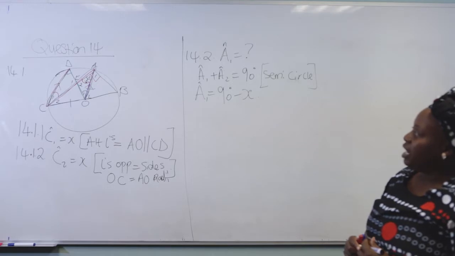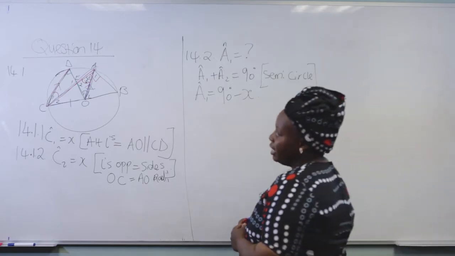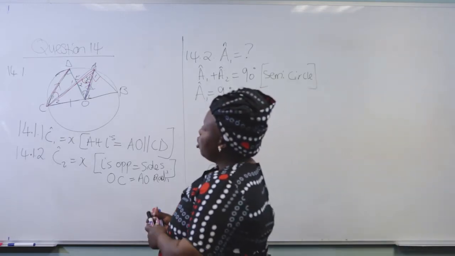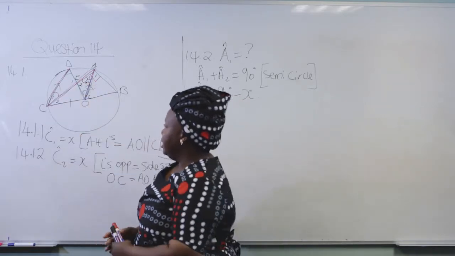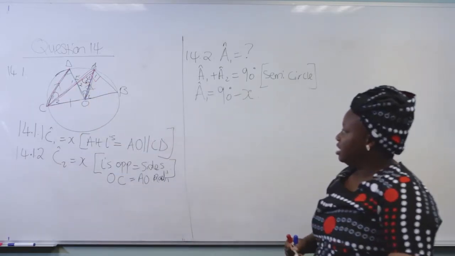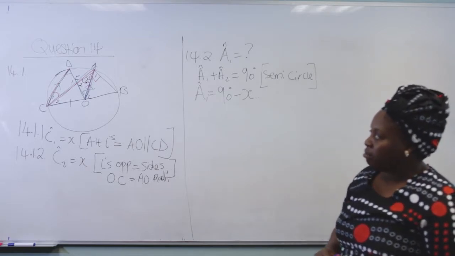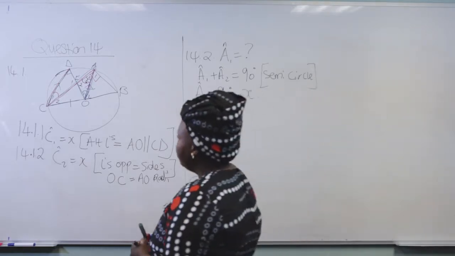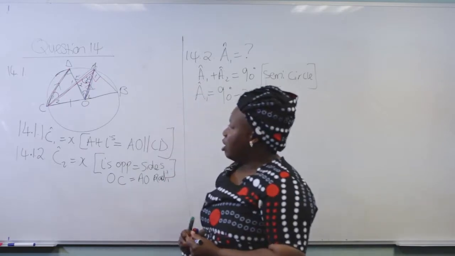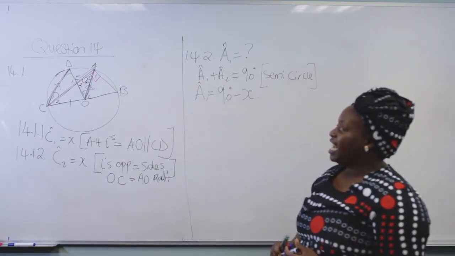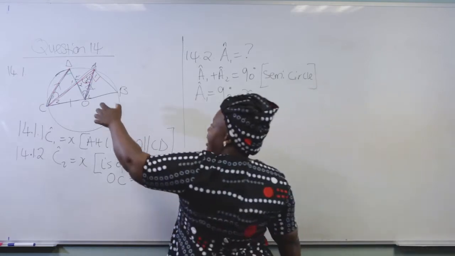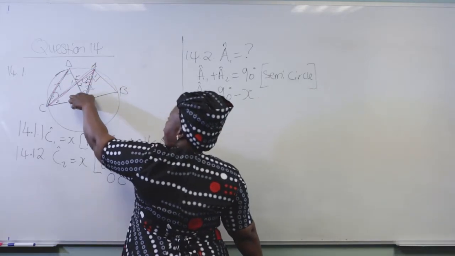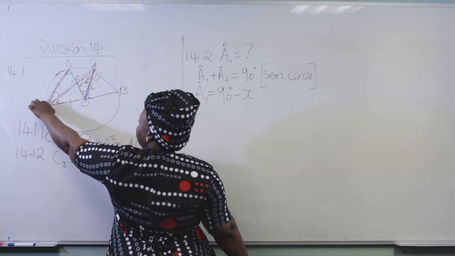Okay, now determine the value of O1. We just have said that O1 is equal to angle D. But angle D is equal to X. How can we find this one? If we say the angle at the center and the angle at the circumference, our angle at the center is O1. Our angle at the circumference is C1.